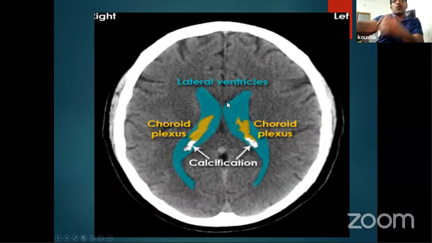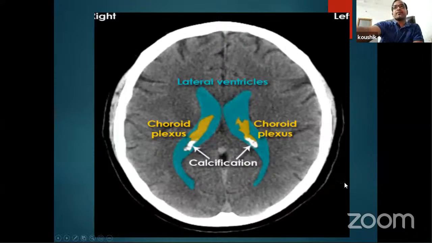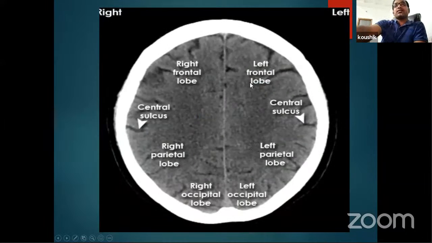Then if you go into the higher sections, we find bilateral bodies of the lateral ventricles and choroid plexus. Usually these choroid plexus show calcifications, which is a normal physiological calcification. Then we can see here frontal lobes, central sulcus, parietal lobe, and occipital lobe.